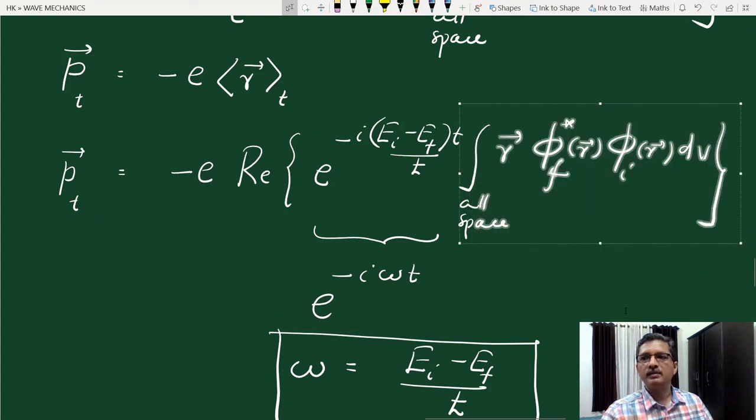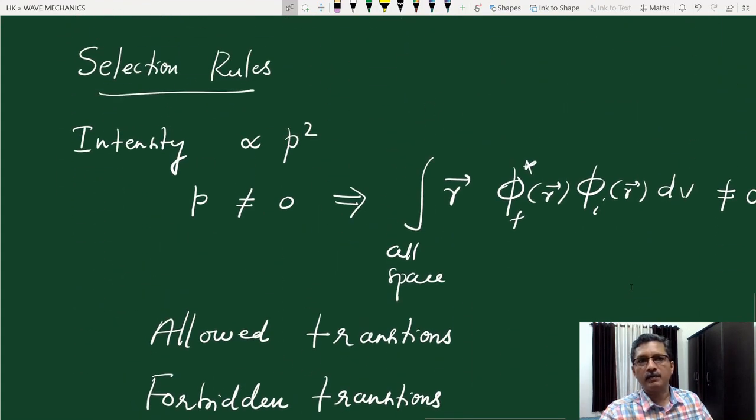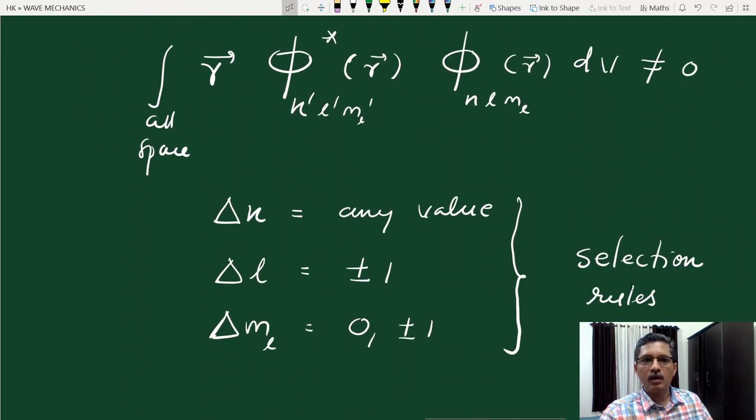Only if this integral is non-zero do we have an allowed transition. If this integral is zero, the transition is forbidden, as far as electric dipole oscillations are concerned. When you work this out pairwise for the hydrogen atom wave functions, or generally for any atom, the conditions are: delta L is plus or minus 1, delta M_L is 0 or plus or minus 1. These are called selection rules.